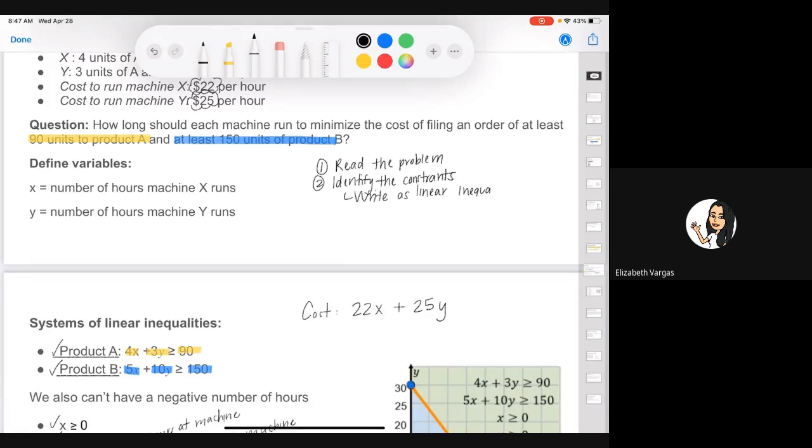Then you want to graph those inequalities to find the feasible region. Graph inequalities to identify feasible region.